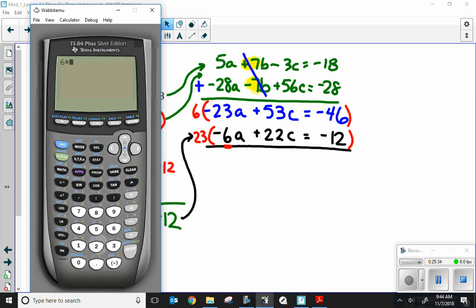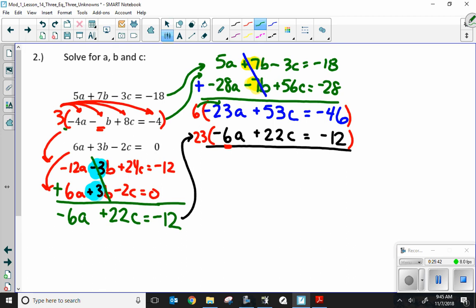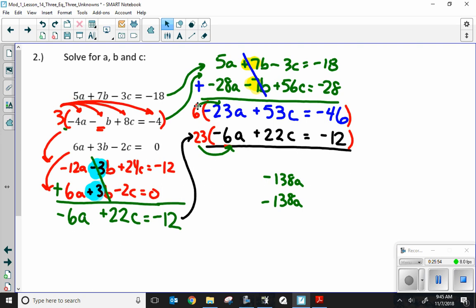6 times 23. That's 138. So when I distribute here, I get negative 138A. And when I distribute here, I also get negative 138A. Okay. 6 times 53. Oh, it's positive.